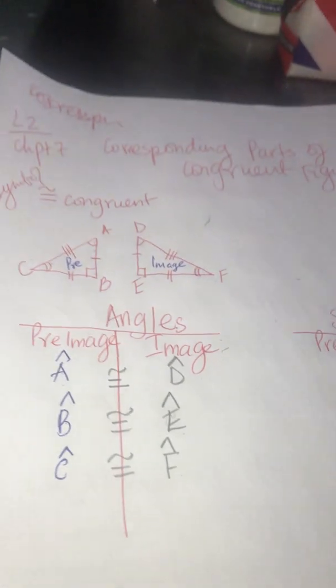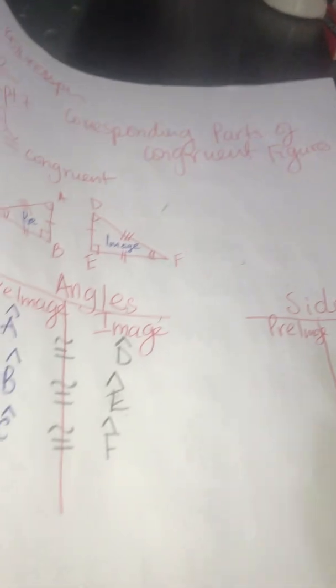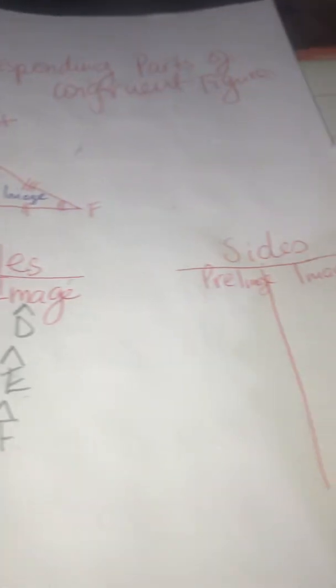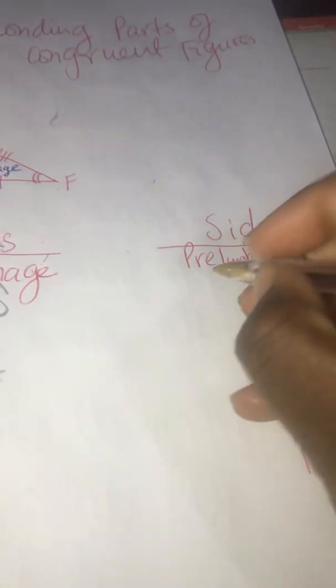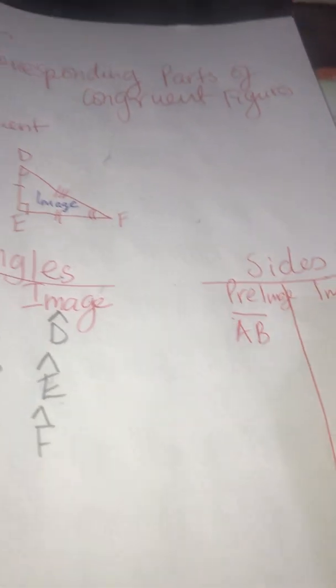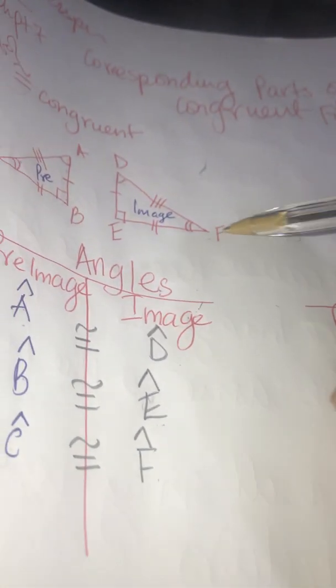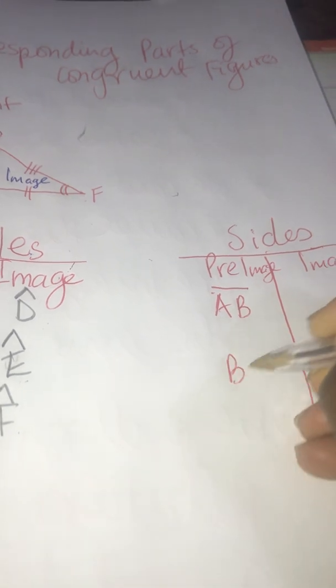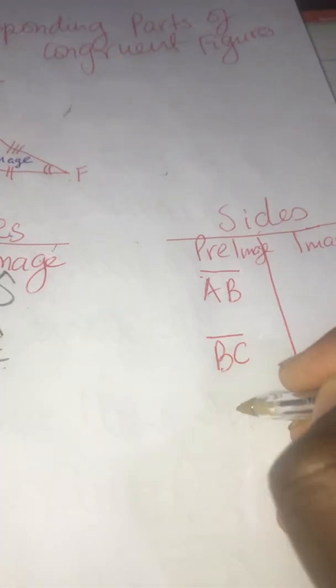Now let us do sides. I have AB. Since it is a side, you put a line on top of it. Then I have BC. Then I have CA.